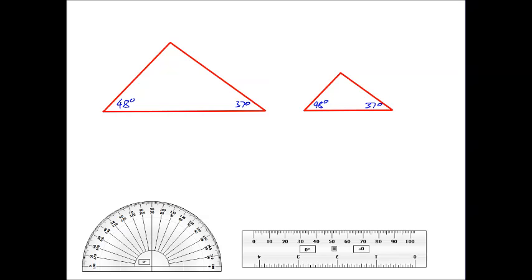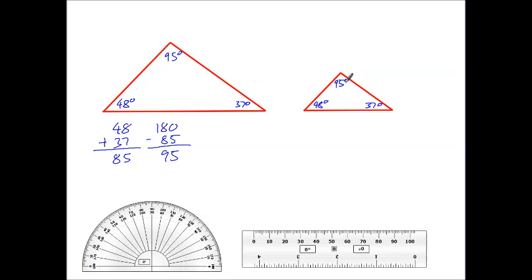Now, do I even have to measure the third angle? No, not really, because I can just use the triangle sum theorem. 48 plus 37 is 85, and 180 minus 85 is 95. So our third angle in both triangles is 95 degrees.